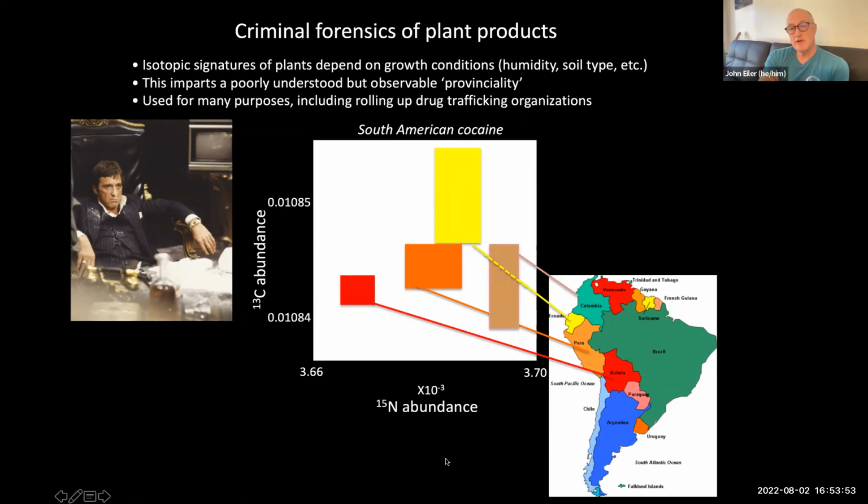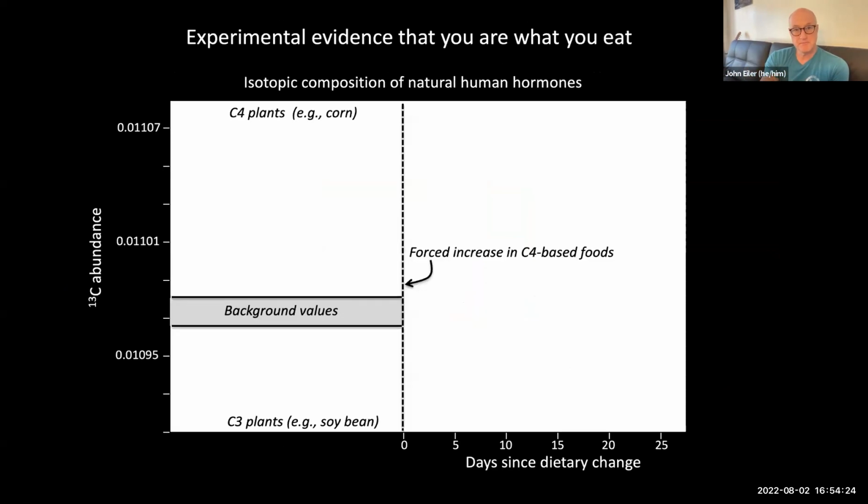And what they've done here is, instead of trying to interpret the small variations mechanistically in terms of exactly how the photosynthesis is working, it's just forensic fingerprinting. They just want to document how different regions of the sources of these drugs differ in their carbon and nitrogen isotope contents from others. And then they can take a sample that was recovered from a drug dealer or whatever and map it back onto the place that it came from, rolling up drug trafficking organizations.